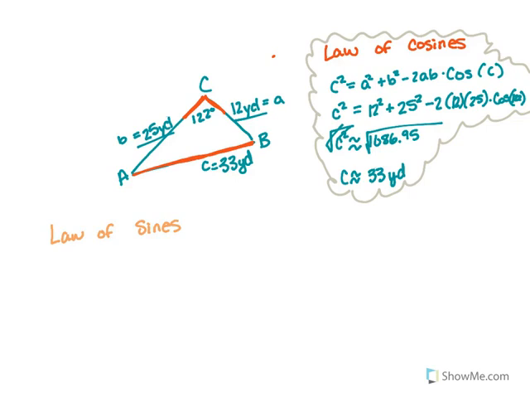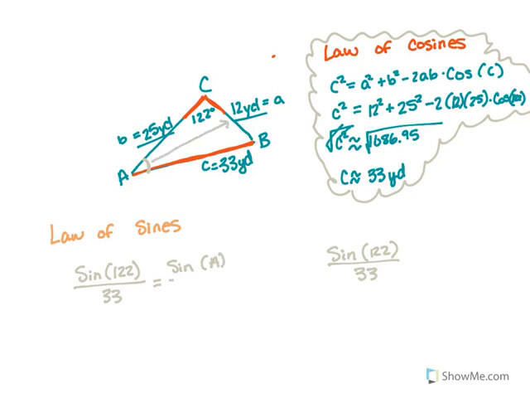So we are going to do the sine of 122 degrees over 33. And we are going to do that to solve for both angles. So I'm going to write it twice. If you need to pause that to write it down, go ahead. Now I want to solve for angle A first. So I'm going to do the sine of A. We don't know that one.